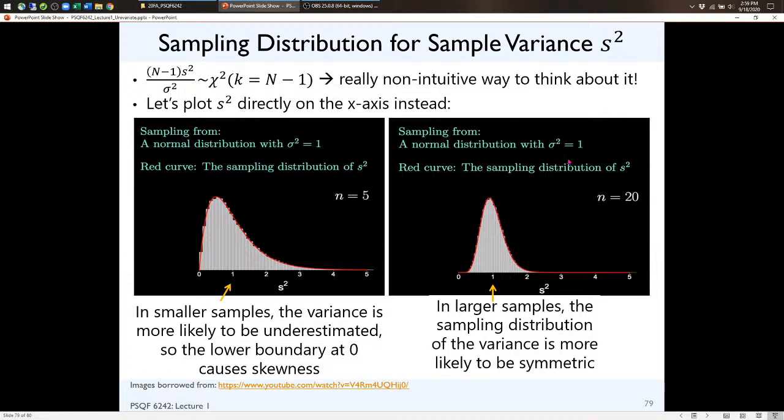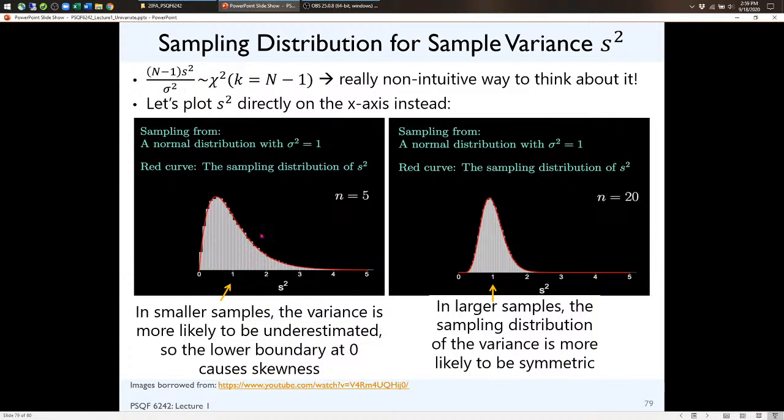As you increase the sample size that you take from the population variable, if you grab repeated samples of 20, then you start to see that the sample variance looks a little more symmetric and normally distributed. So it starts to behave a little better in terms of looking like other sampling distributions for other statistics.